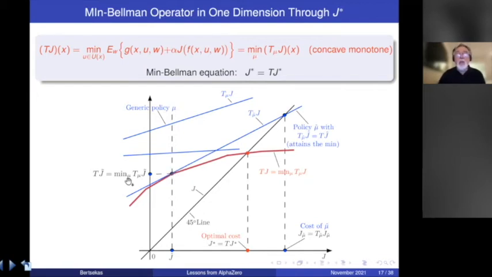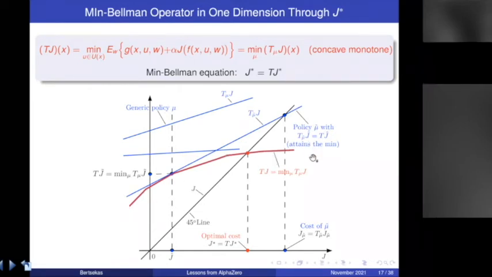This is the minimum over policies of T mu of J tilde. So that's how you find T of J tilde, and you do the same for every J. And basically, the red curve is the lower envelope of the blue lines. You have all these blue lines, and what lies below that is the graph of the min operator.